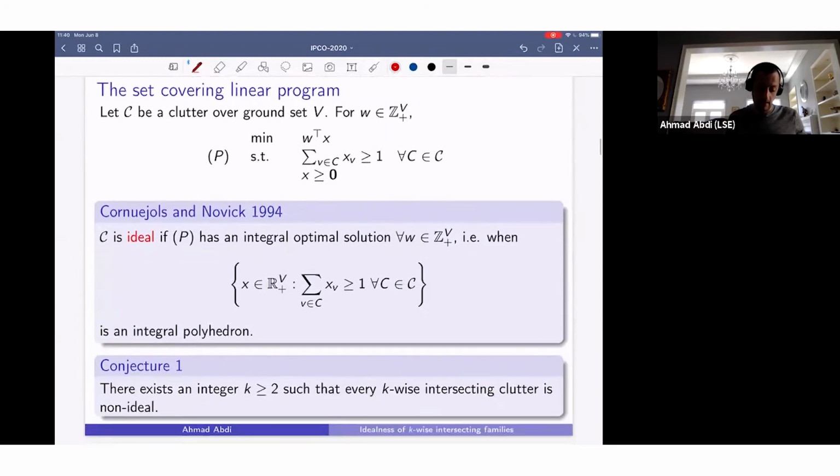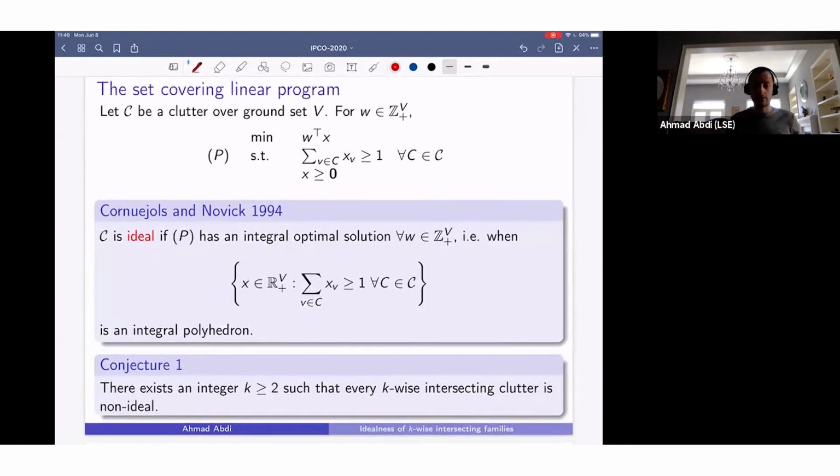Now we can rephrase our conjecture in terms of idealness. The conjecture says that there's an integer k such that every k-wise intersecting clutter is non-ideal.